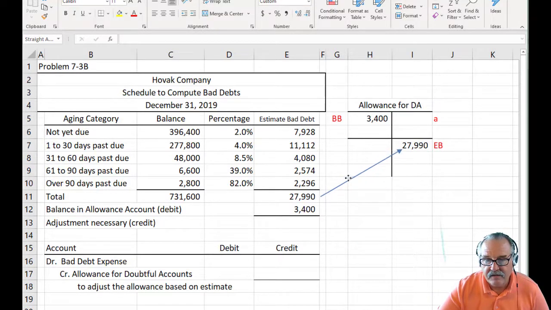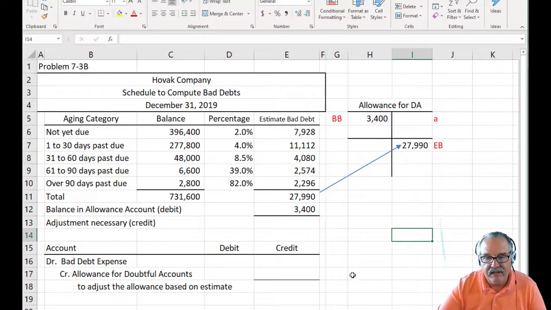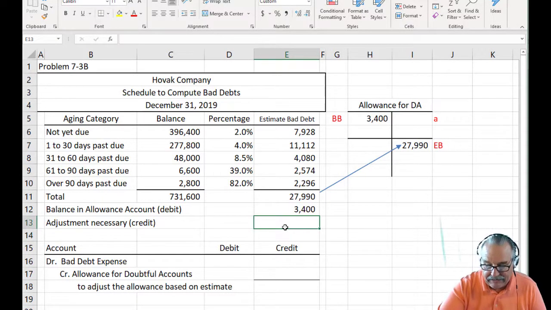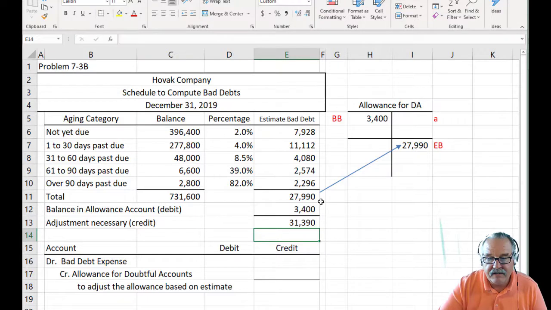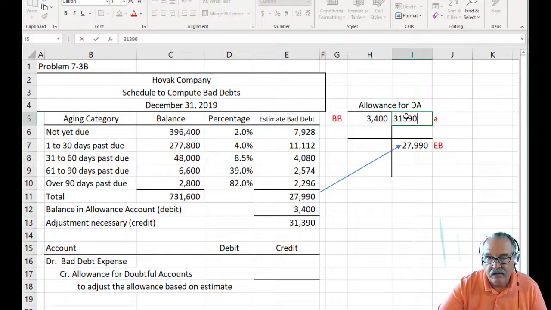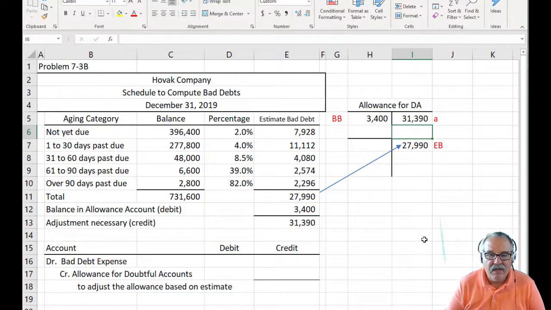So in order to get that balance to be what it is, we have to add together the $27,990 plus the $3,400, and that's going to be $31,390.